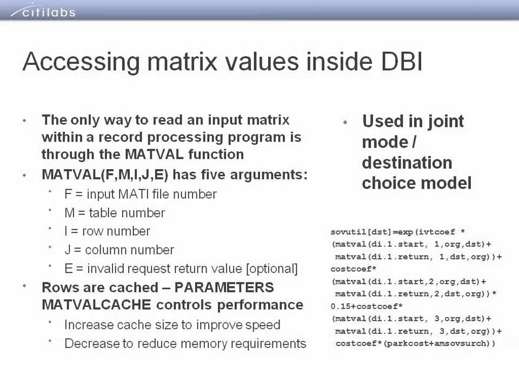If you don't have thousands of zones, that should be possible on most machines where you have a couple gigs of memory, because activity-based models don't really work where you model all the travel going from one zone to every other zone and then from the next zone to every other zone. Because you have tours, and the tours can have non-home-based trips in them, it doesn't follow the same matrix structure that a 4-step model does.